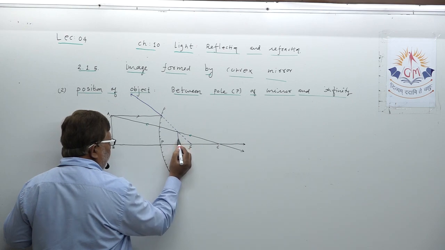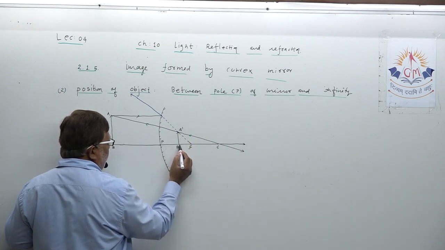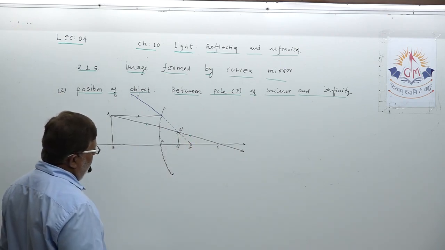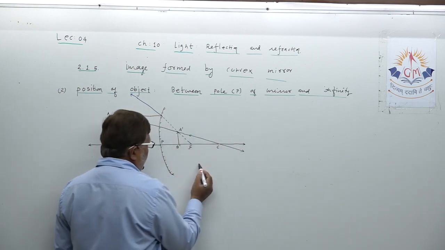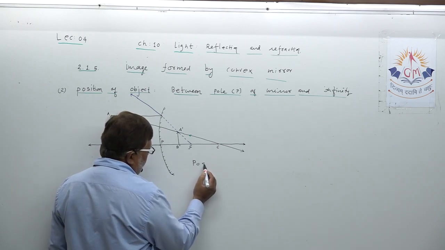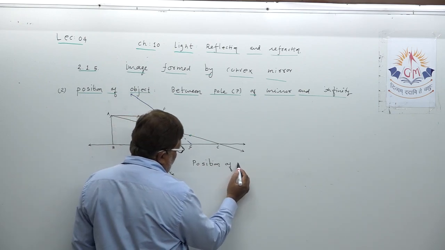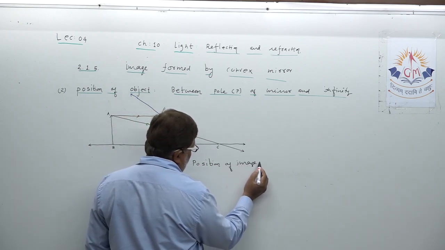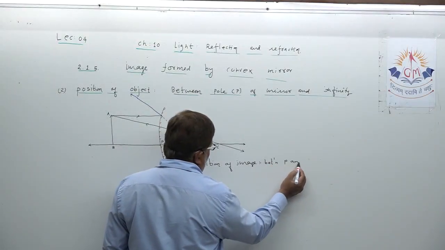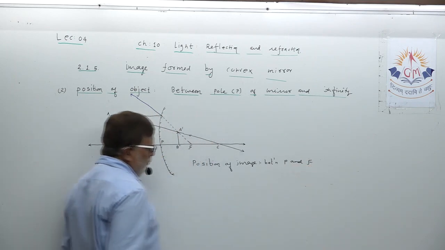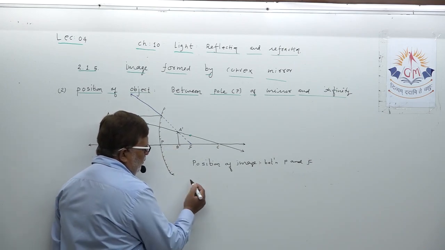This is the image. That is A dash B dash. This is the image, where the image gets its position between the focus and pole. You can write this way: position of image, that is between P and F, means the image is obtained between pole and principal focus.